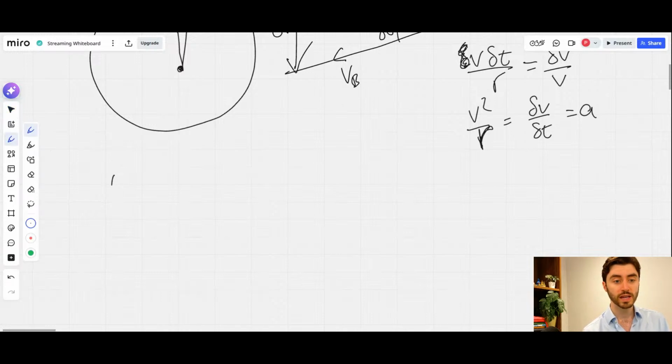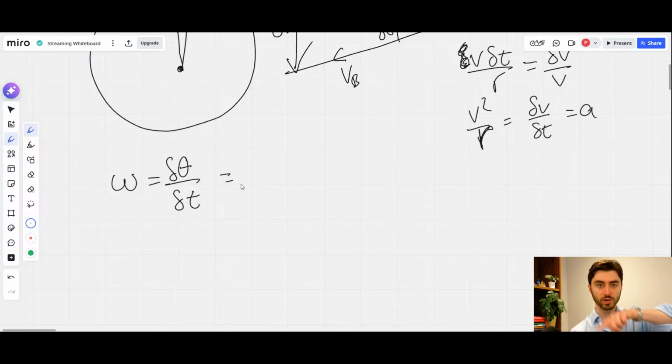So we can also say that omega is the angle moved through in unit time. So for instance, in one complete circle, it does an angle of 2 pi in a time of big T. And that omega is very important in circular motion.